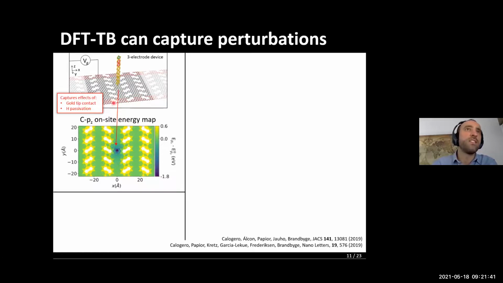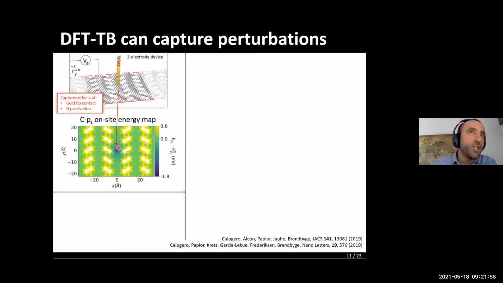As you can see here, since there are some edge carbon atoms around the holes, you can capture the potential difference between the carbon atoms in the middle of the ribbons and the other ones around the edges of the holes.